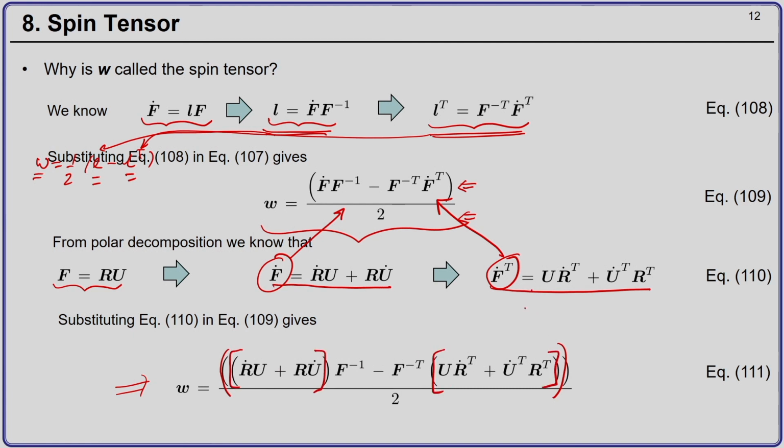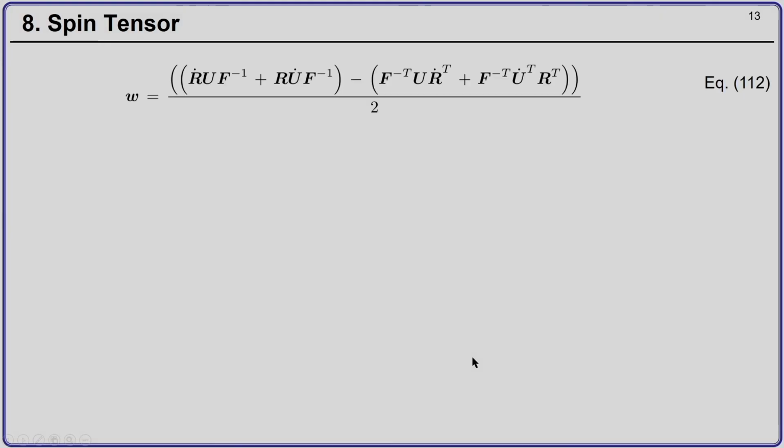So, this is your F dot transpose and this is F dot. Now, I can take F inverse inside. I can open up the bracket. I can take F inverse transpose inside and I can write the following expression. It seems like a very long expression, but we will quickly see how it comes to a very nice small expression.